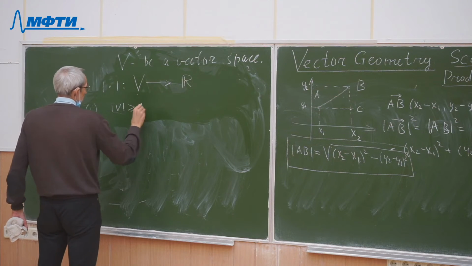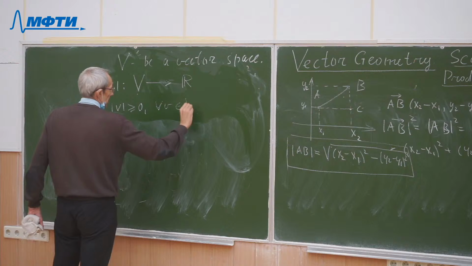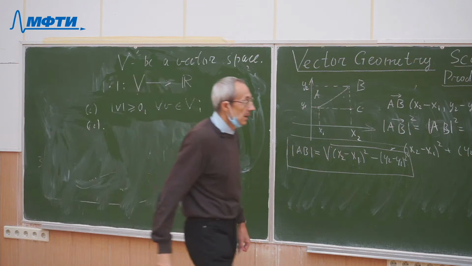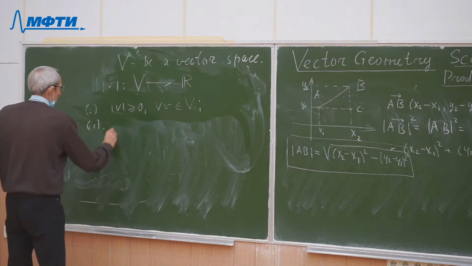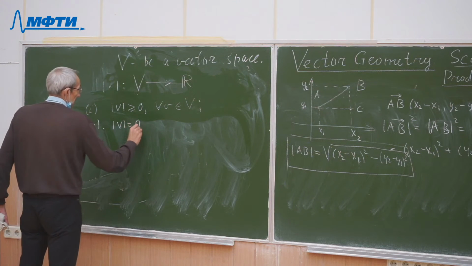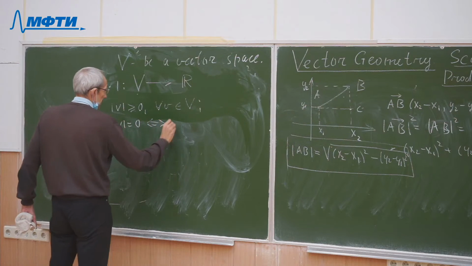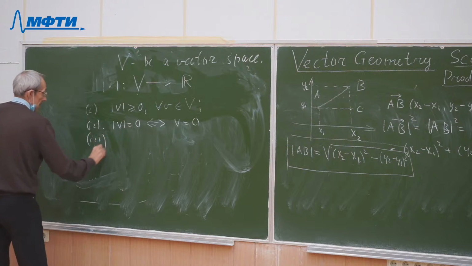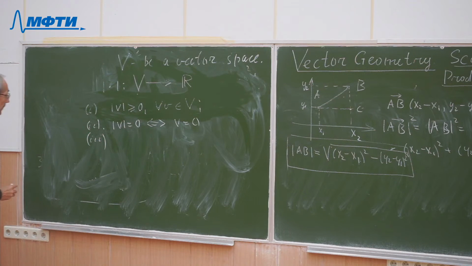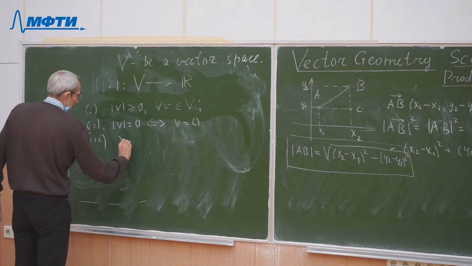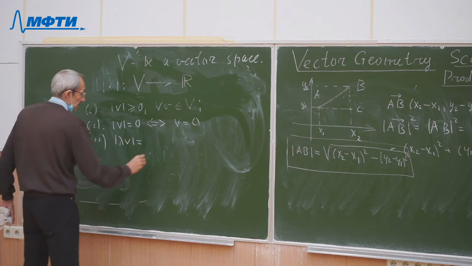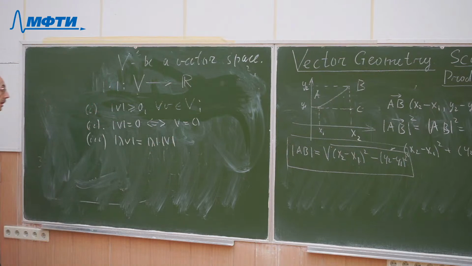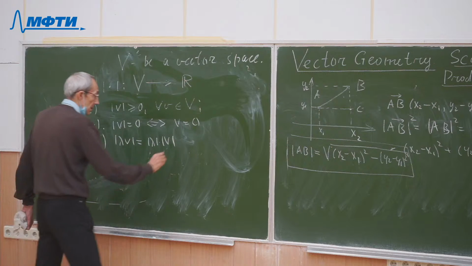First, the norm of v is non-negative for all v in V. Second, the norm of v is equal to 0 if and only if v is 0, and third, the norm of lambda v is equal to the modulus of lambda multiplied by the norm of v.